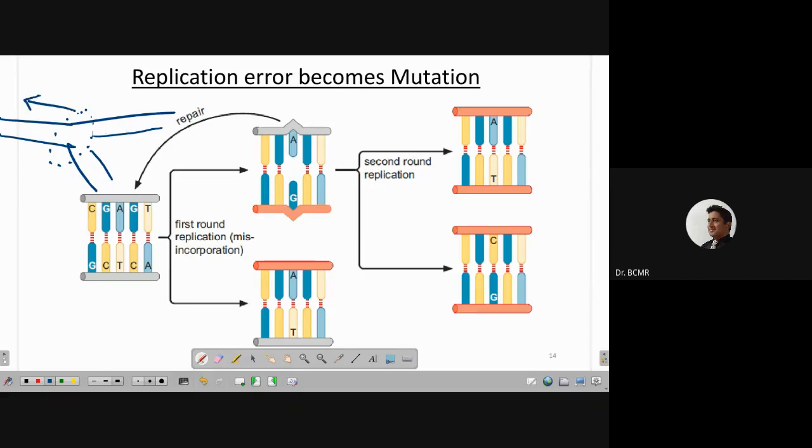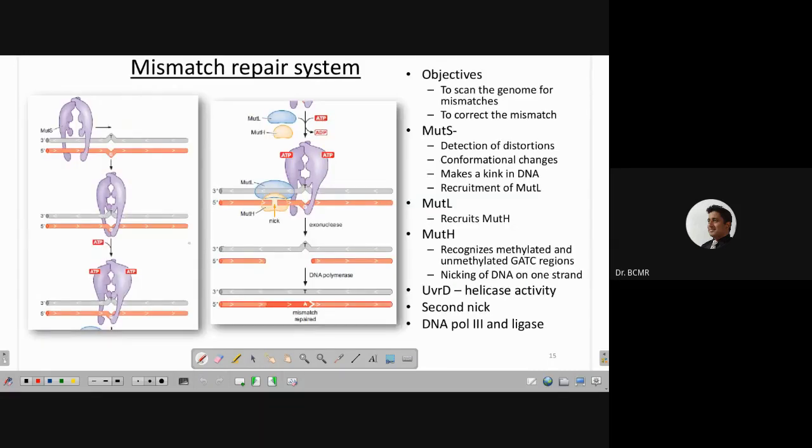As soon as the replication is finished, there is a repair mechanism dedicated to correcting all the mismatches that result from replication. Repair mechanisms will come by and keep scanning the newly synthesized DNA, following the replication fork, and will keep correcting any errors or mismatches. That is called the mismatch repair system.